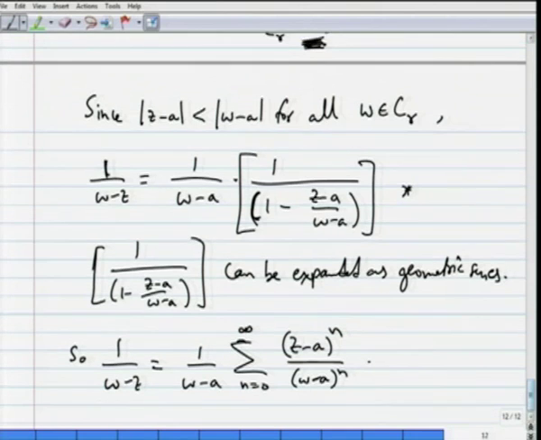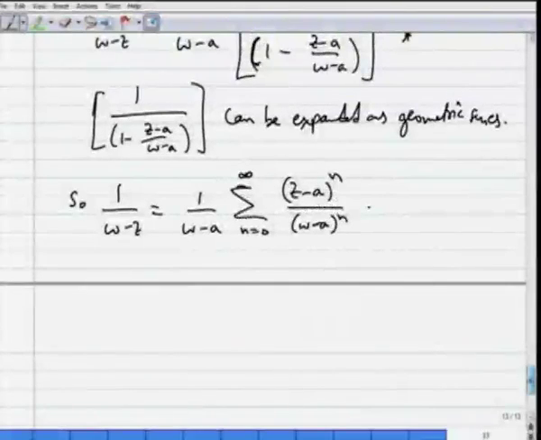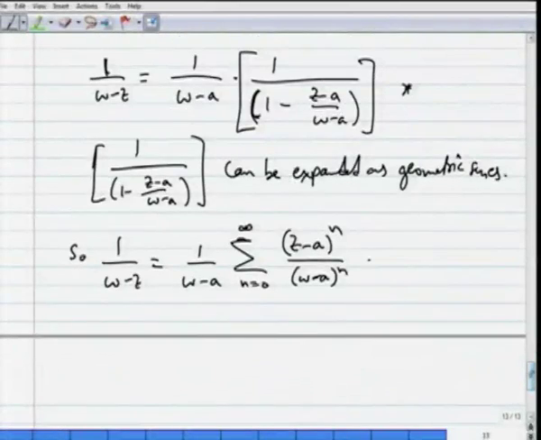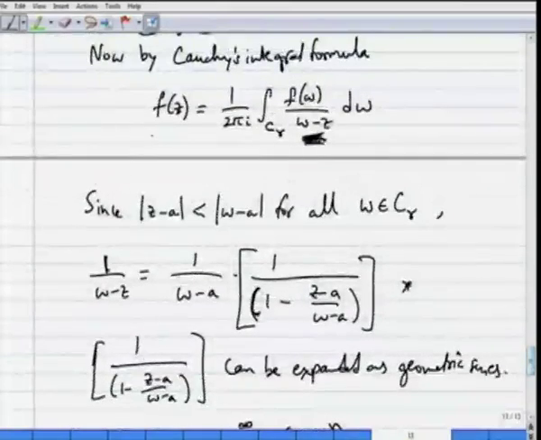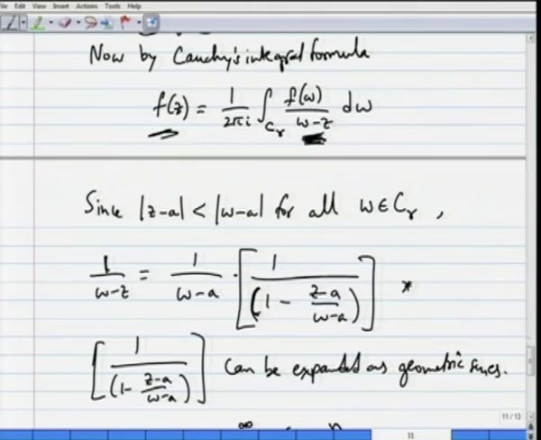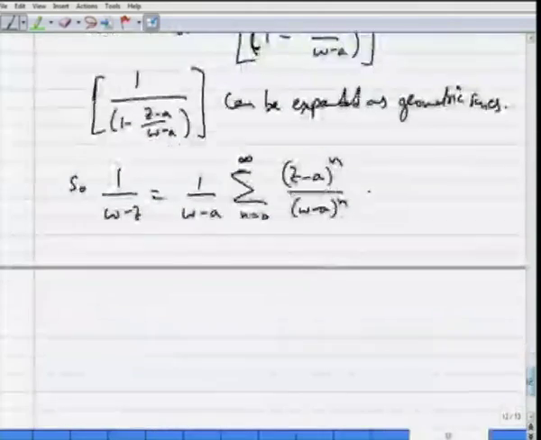Okay. So, that much I can do. Okay. So, I have somehow got a power series within the value for f of z. Okay. So, now I will try to express f of z as a power series itself.